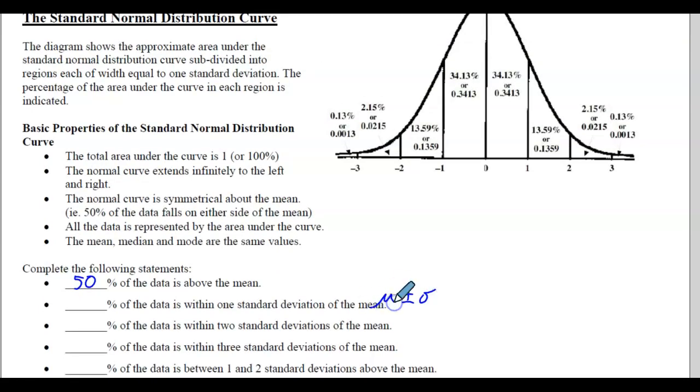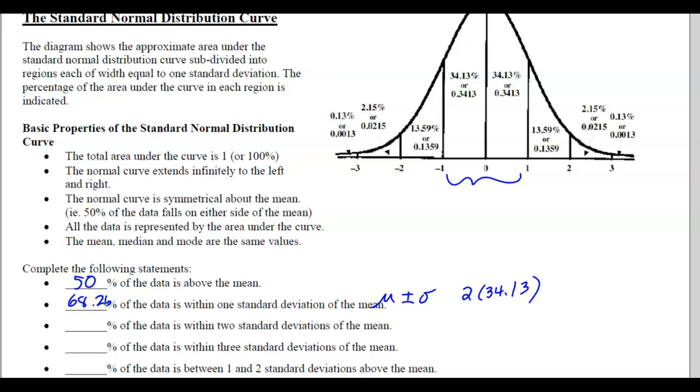So mean plus or minus sigma. So that's what percent are in those two areas. So that's really 2 times 34.13. So that is 68.26%.